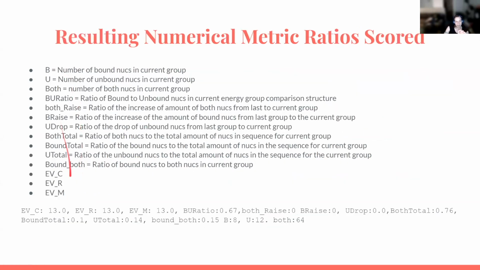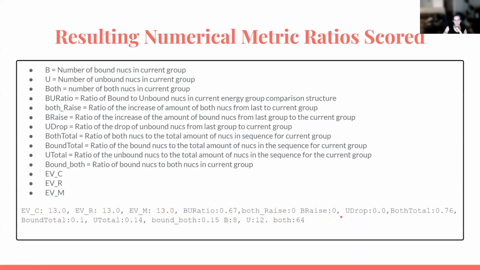And you get all these fun things: a number for the bound nucleotides, the number of unbound, the number of both, the bound to unbound ratio, the both ratio, the increase in bound nucleotides from the previous group to the current group, the unbound drop from the previous group to the current group, and the ratio of both nucleotides to the total amount. So it's just a mess of data, and this is what it looks like.